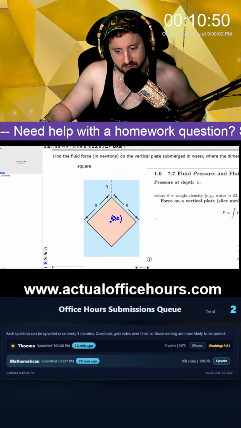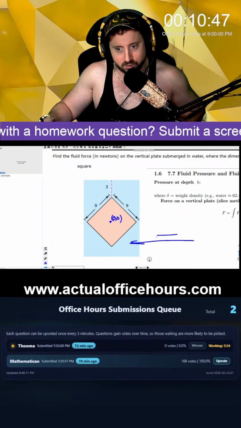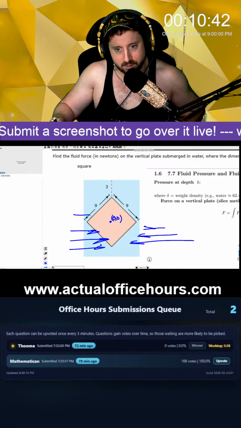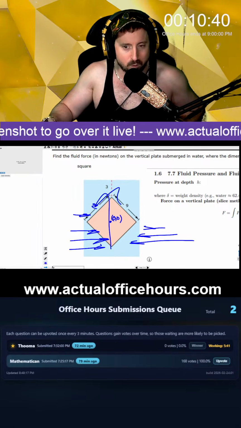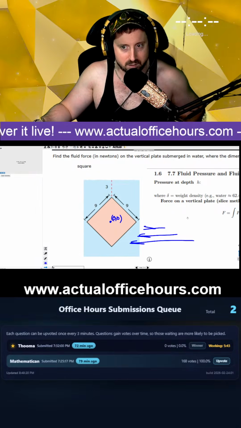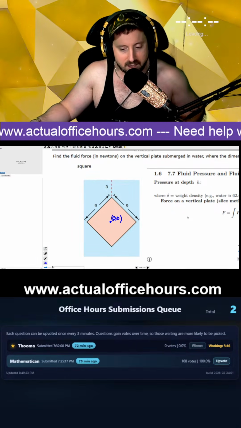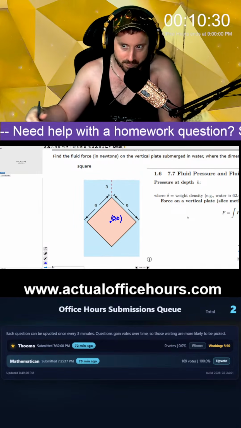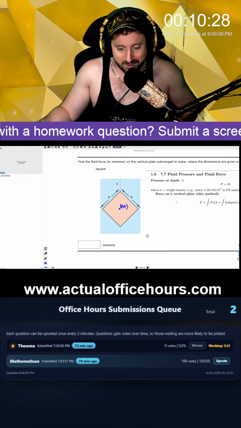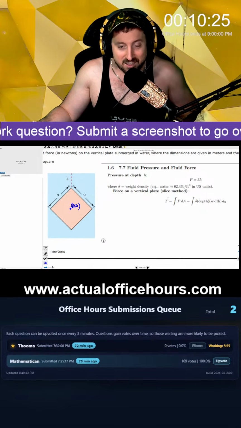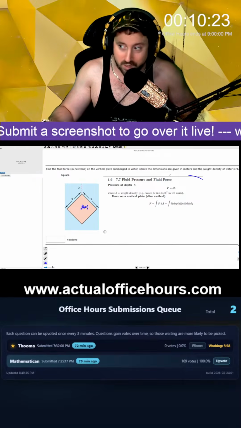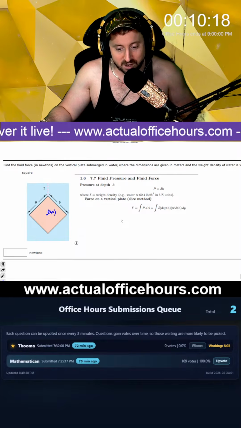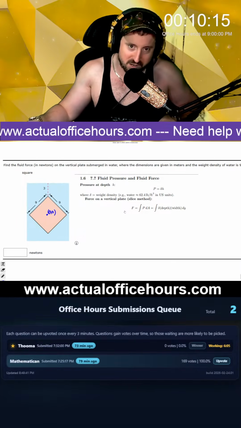The only difference is you're going to have more force pushing at the bottom than at the top. So you end up getting a net force that pushes this thing up, technically. Like a boat. Yes, and that's what buoyancy comes from. That's why things are buoyant. But if this was a square, it would be different. I don't even think you want to do this. No? I think this is called Archimedes' principle?